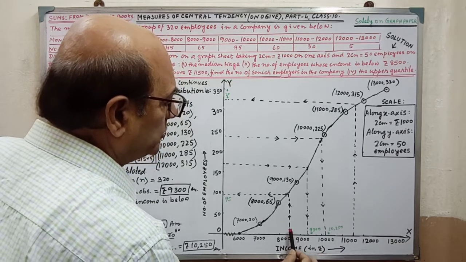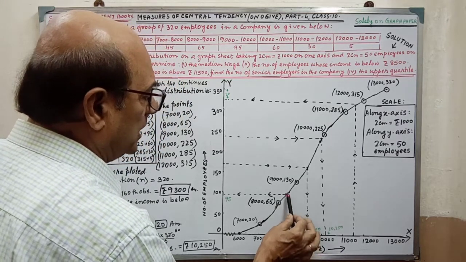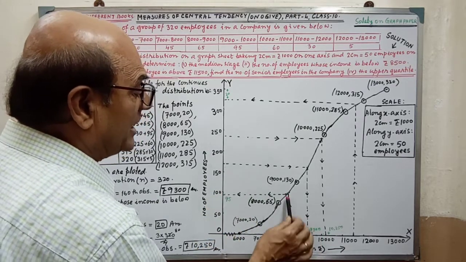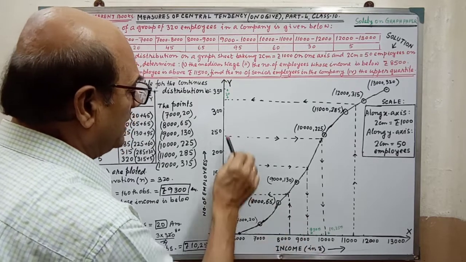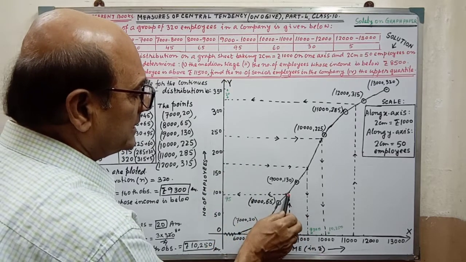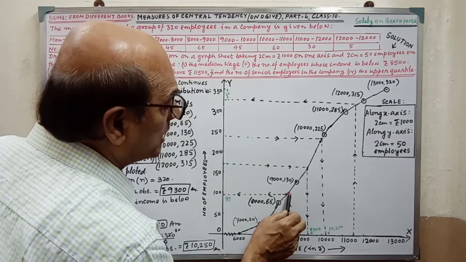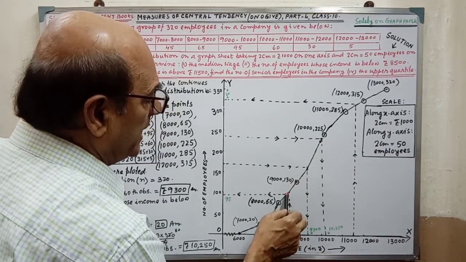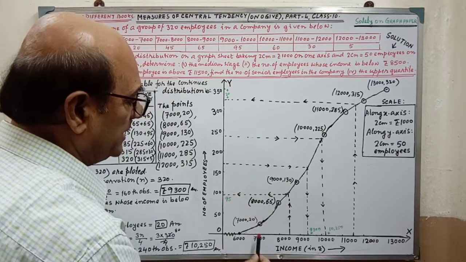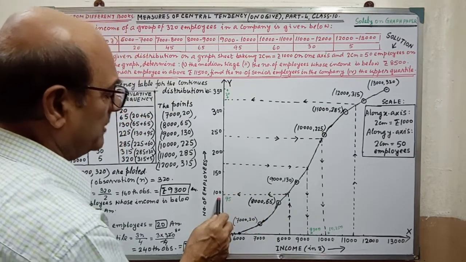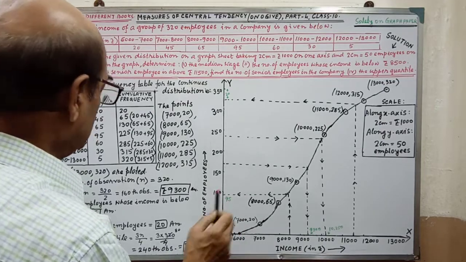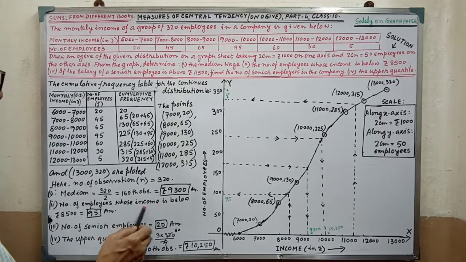From the middle point we have to draw a parallel line, not perpendicular, parallel to y-axis, and at which point it will meet in ogive, that is curved line. From there we have to draw another parallel line parallel to x-axis. It will meet y-axis at point that is 95.